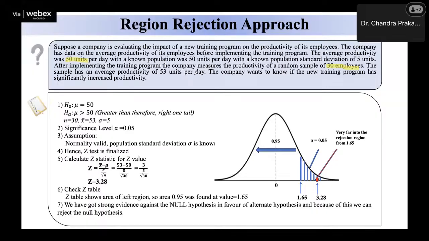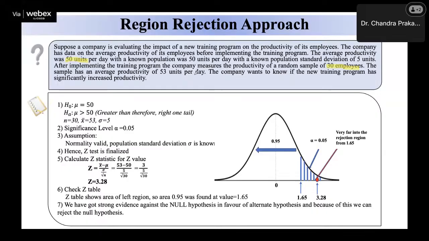So now you can see, should we go with the one tail or two tail over here? Just tell me. The company wants to know if the new training program has significantly increased productivity or not. Yes, one tail.